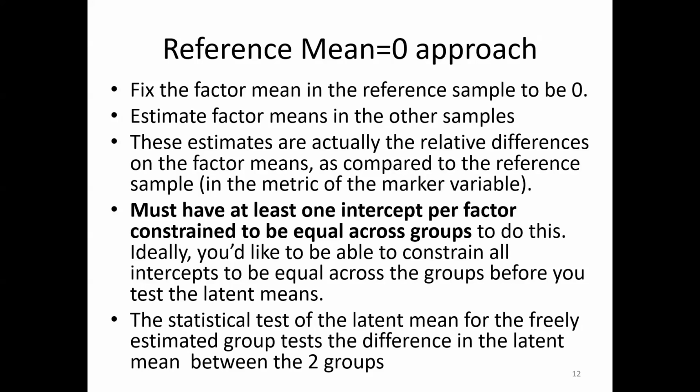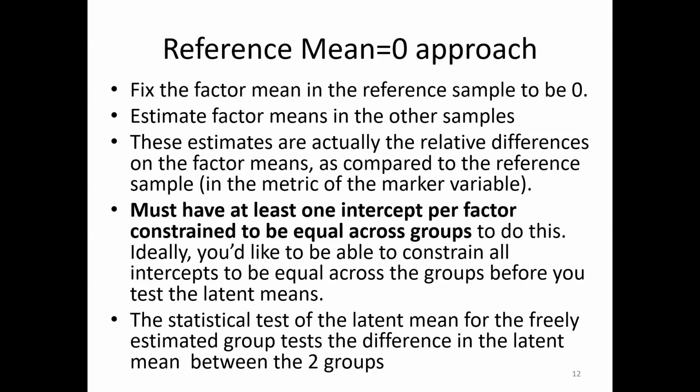So remember that, we actually get a critical ratio for the latent mean. So I get this 0.5, and we'll talk about how we can get an effect size for that in a minute, but it's 0.5 higher in group 2 than group 1.